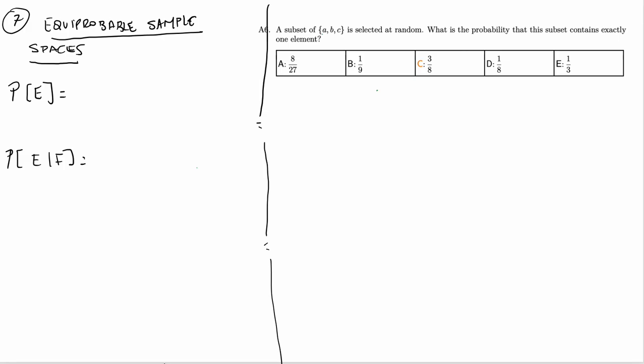If I tell you that I'm tossing a coin and I don't give you any other information, it is that the coin is a normal coin, and the heads or tails have the same probability of happening. So this is considered an equiprobable sample space. The outcomes have the same probability of happening.